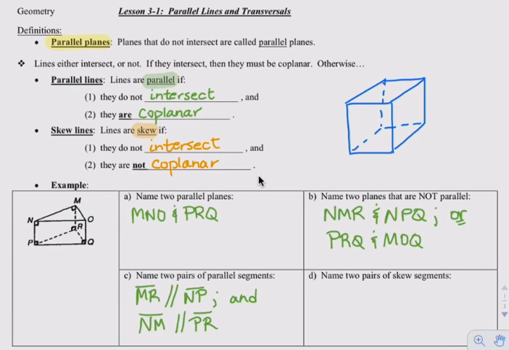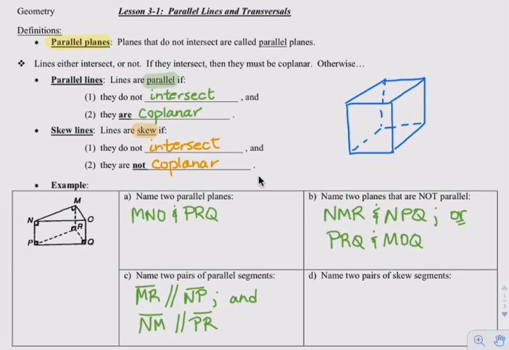And then two pairs of skew segments. So with this one you want to make sure that you're careful that you grab ones that are not parallel, and also not intersecting. Skew segments cannot intersect. So you wouldn't want to use NM and OM because they intersect. You don't want to use NM and PR because they intersect.